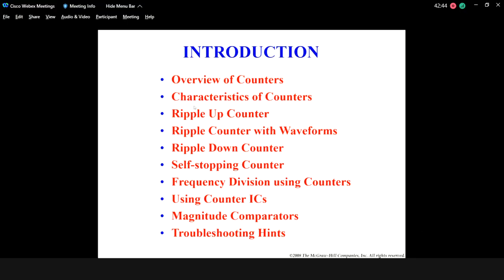In this counter topic, we look at how we can use flip-flops as a ripple counter with waveform, and then a ripple counter down, like in New Year celebration, 5, 4, 3, 2, 1. And stopping the counter when we count to 10 and it stops. And frequency division counter, where we divide the frequency of the signal using a counter, and then how to use the counter IC.